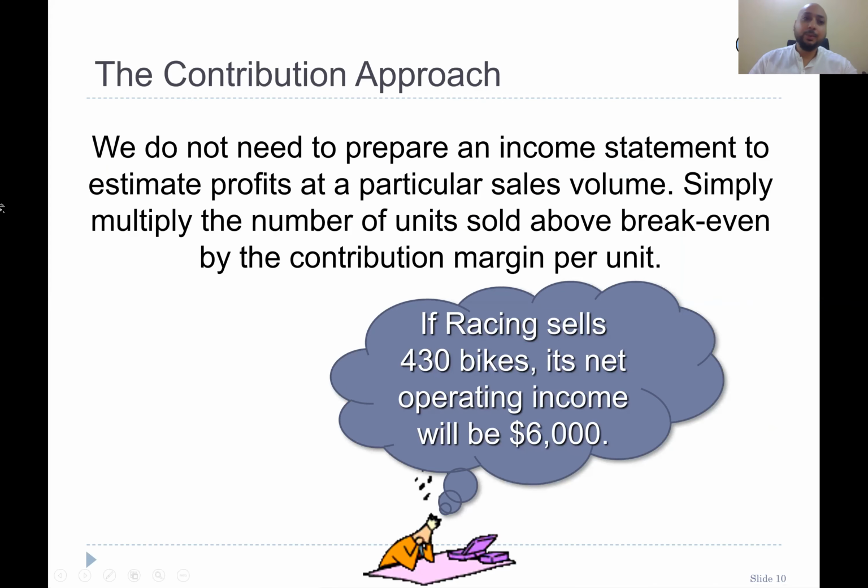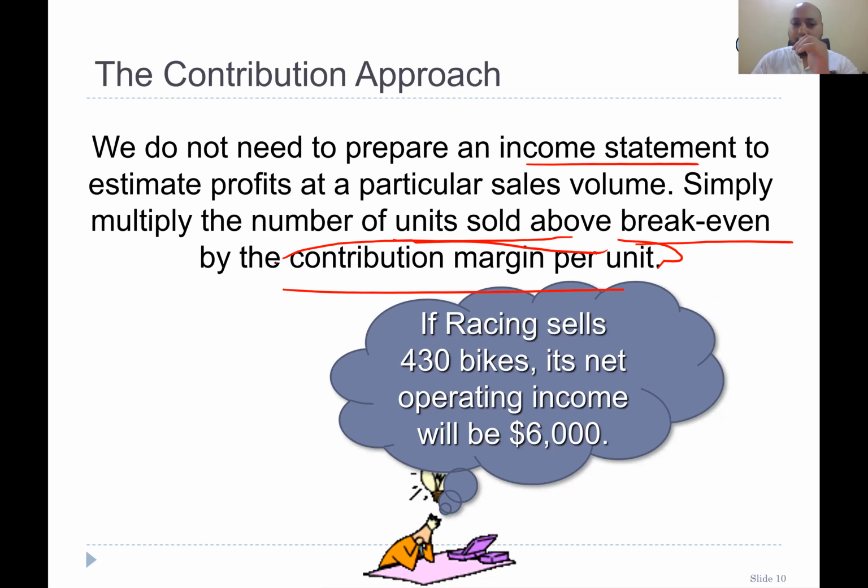So, like I told you, let's read that. This is the same concept that we just talked about, but written in a very nice way. Sorry, my handwriting is not that good. So we do not need to prepare an income statement to estimate the profit at a particular sale volume. Simply multiply the number of units sold above the break-even by the contribution margin per unit.